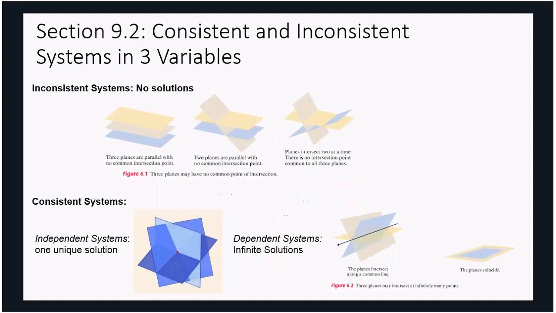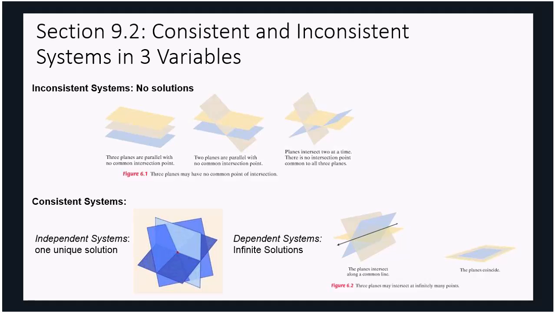But what I wanted to show you is about 9.2. 9.2 is talking about a system of equations in 3 variables and the difference between inconsistent and consistent systems.